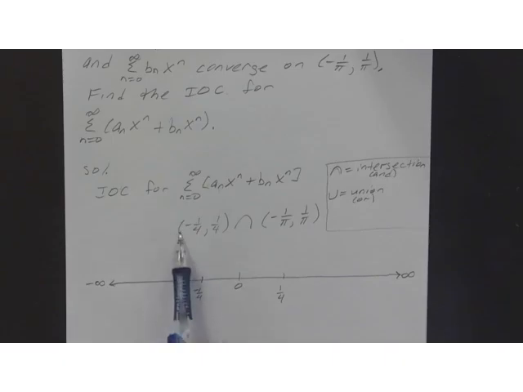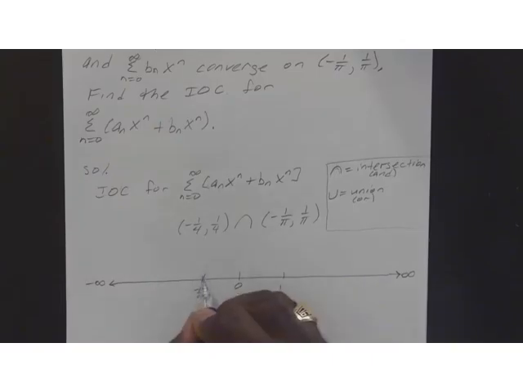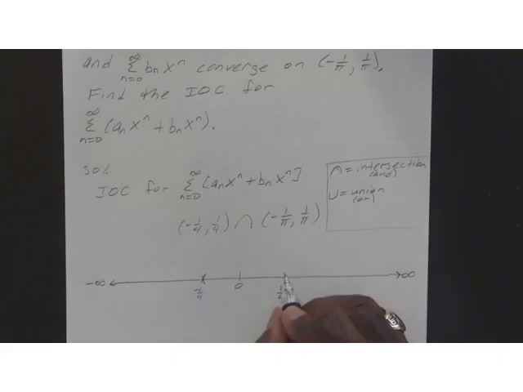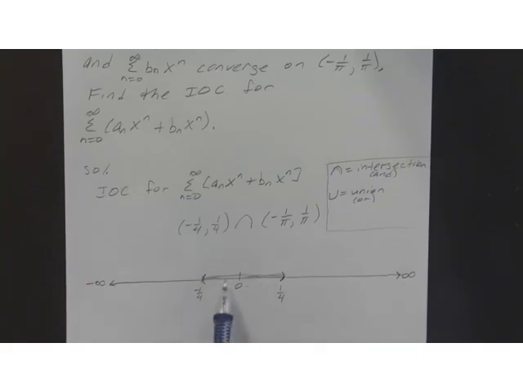Because these both have parentheses, we know it doesn't include negative or positive 1/4. So we're going to draw parentheses there. So we know that that is the interval of convergence for the first power series.